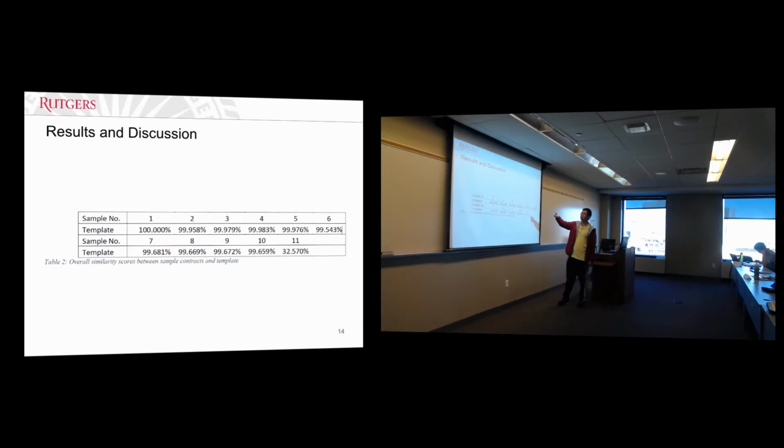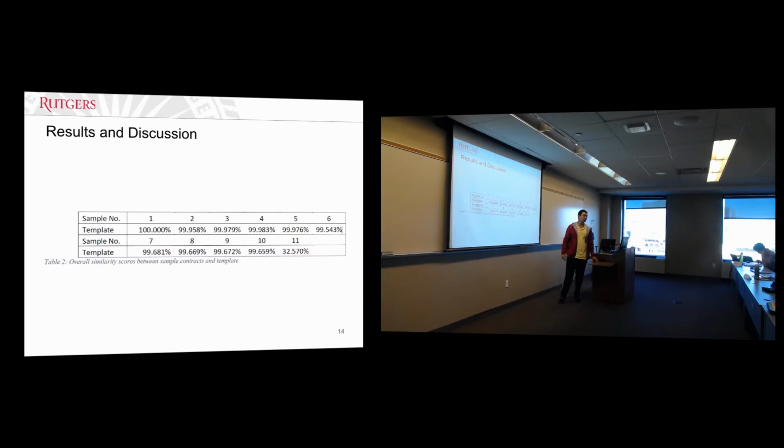And contracts number 2 to 10, as I mentioned, were created from the template, contract number 1. Therefore, you can see the similarity scores between number 2 to 10 and number 1 are quite close.